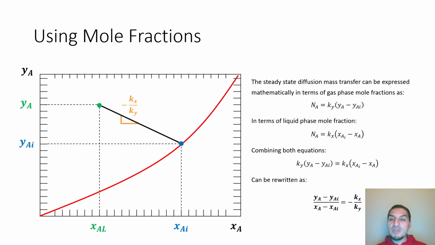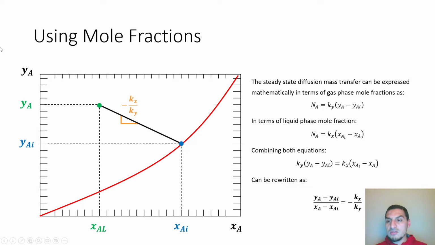So if I have the equations put in terms of mole fractions, I have here mole fractions in the bulk and then mole fractions in the interface, and this is negative kx over ky. It's exactly the same arguments and the same procedure, and it's going to give the same output. But the difference is that you put the axes in the units that fit with the equation.